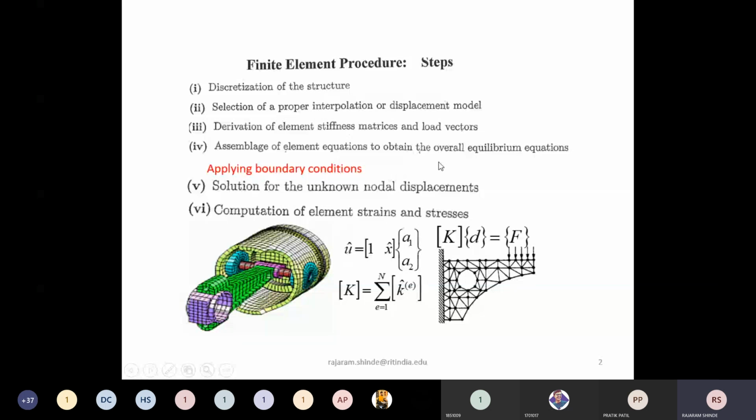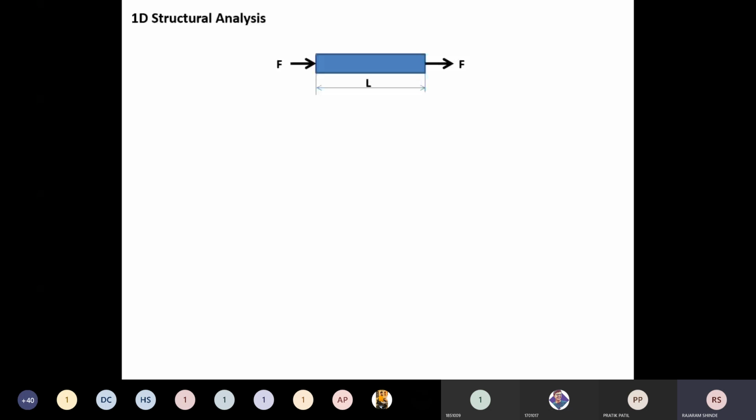How these steps are used for solving structural problems I will discuss, and the same concept we can use for thermal problems. The sequence is also important, so we will go by sequence. First is 1D structural analysis.